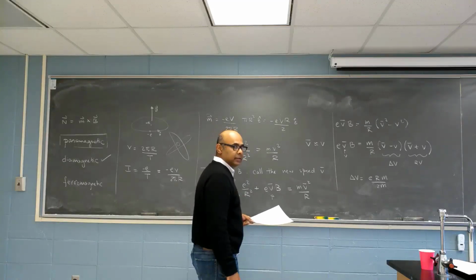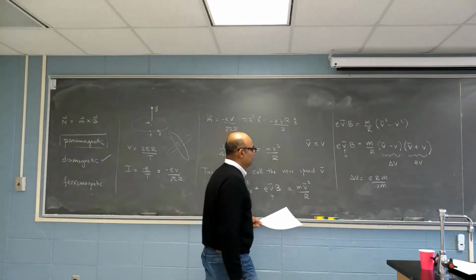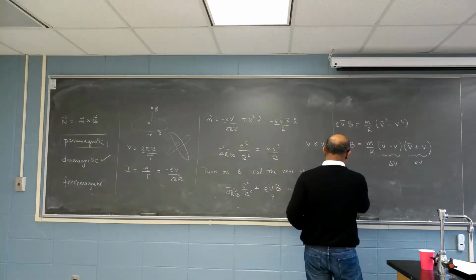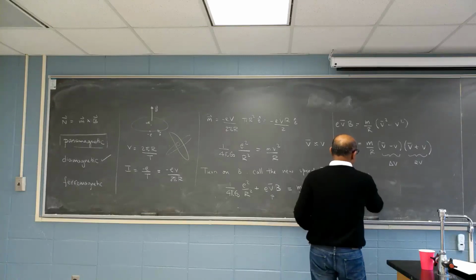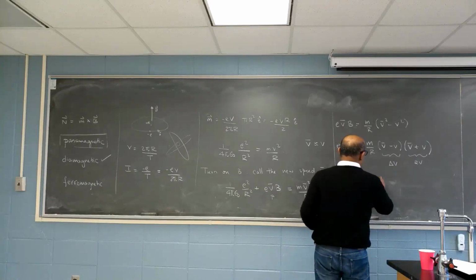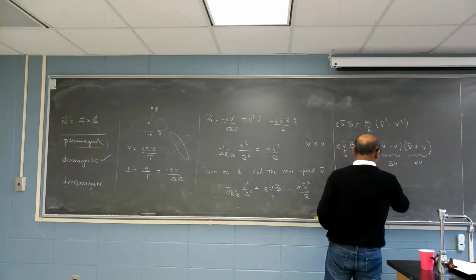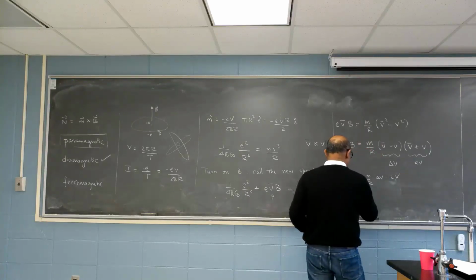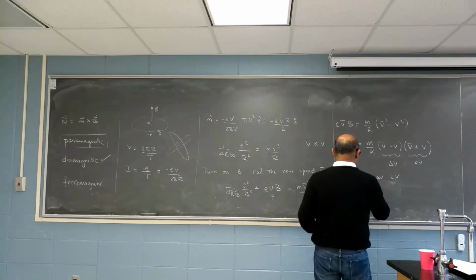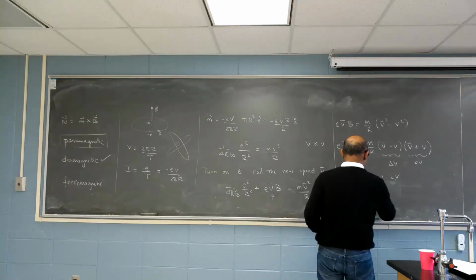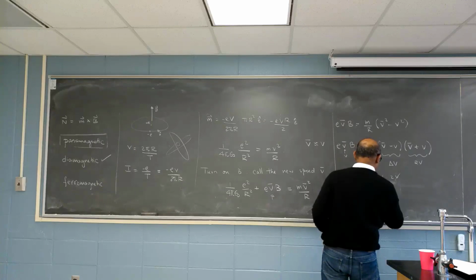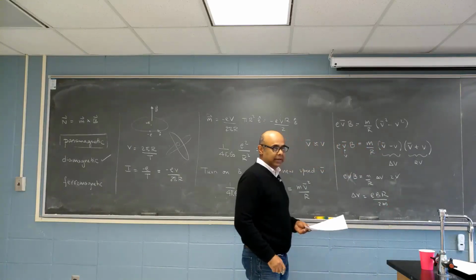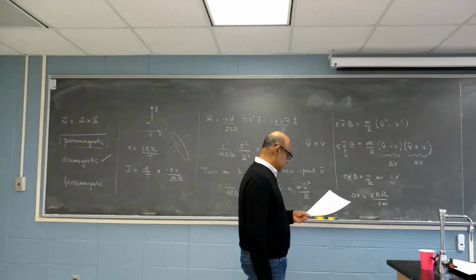So let me make it clear. EVB equals M over R delta V times 2V. So the V's will cancel. So delta V equals EBR over 2M. Here M is the mass of the electron, mind you.